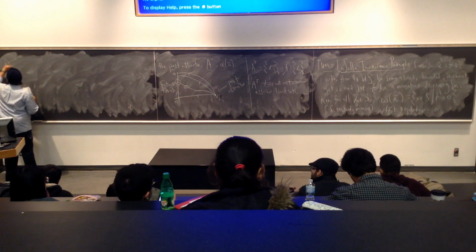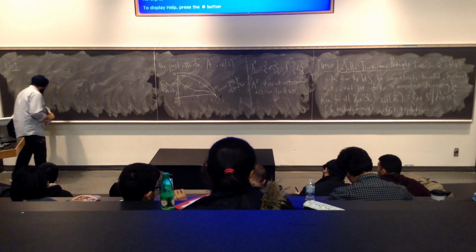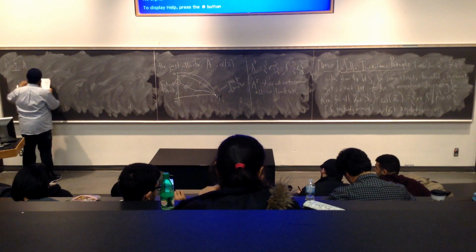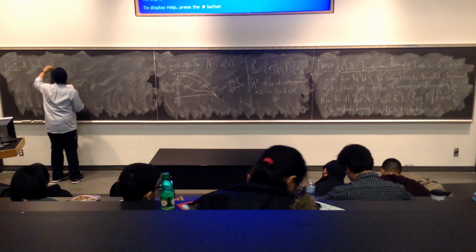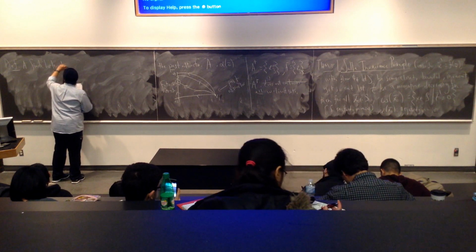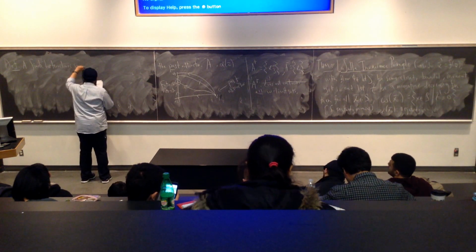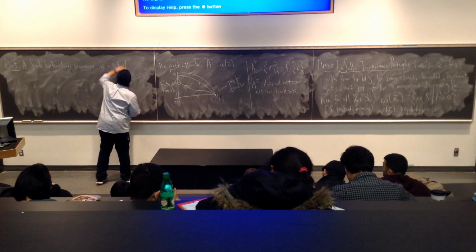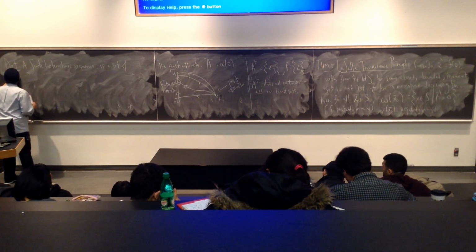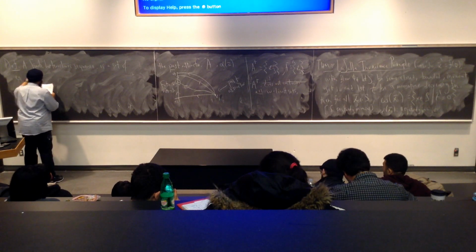So, definition. We say that a finite heteroclinic sequence is a set of equilibrium points.